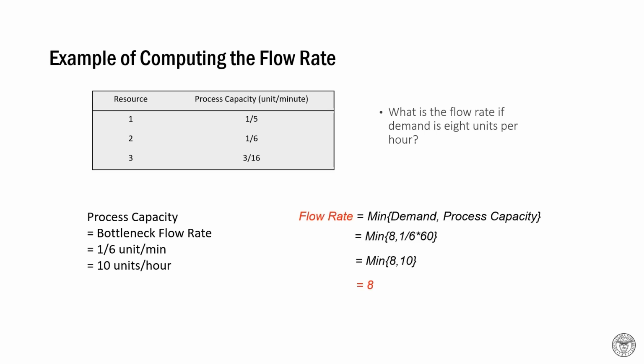Next, we can calculate the flow rate using the formula flow rate equals minimum of demand and process capacity. Substituting the values, we find flow rate equals min of 8 and 10 equals 8. Therefore, the flow rate is 8 units per hour, which precisely matches the demand in this scenario.